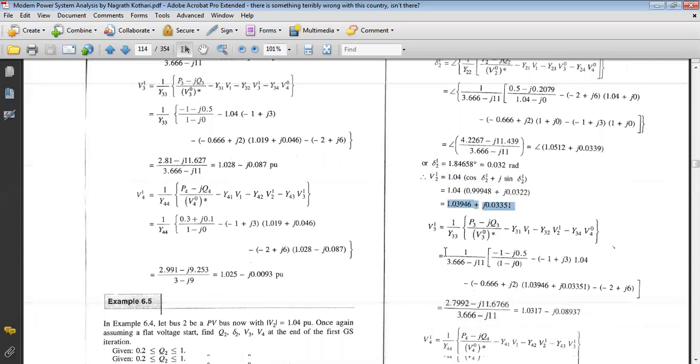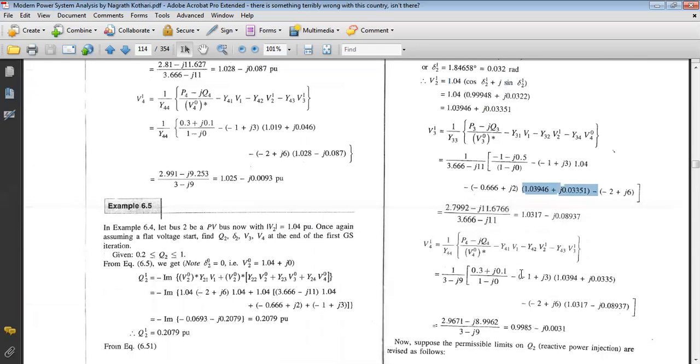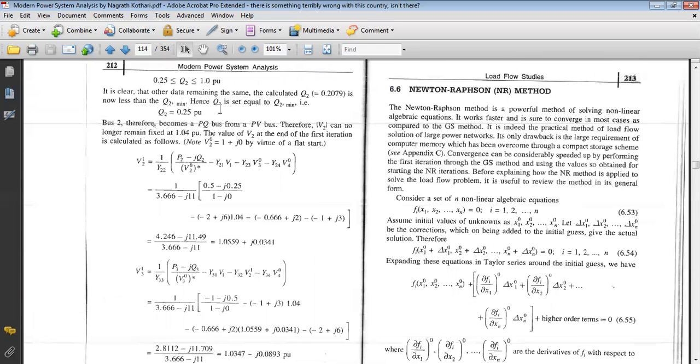And now we can calculate V3 and V4 by putting in the updated value of V2. Now if the range is changed to 0.25 to 1, and we find that Q2 is 0.2079, which is below the lower limit, then we cannot take this value.